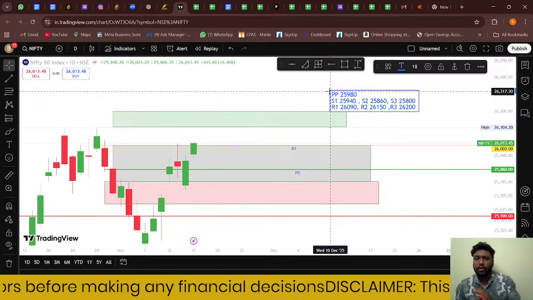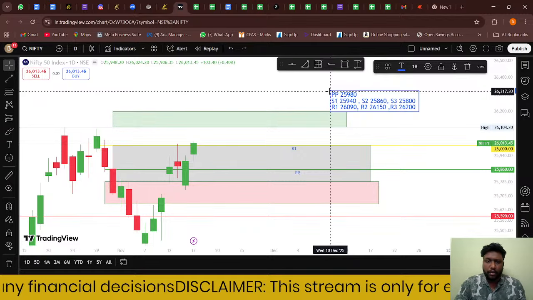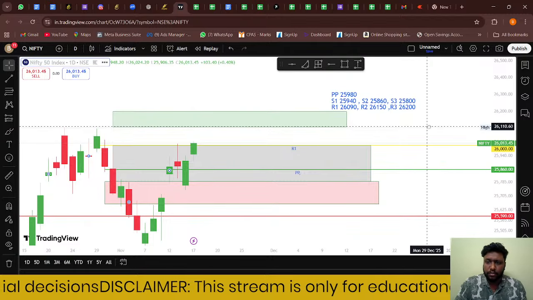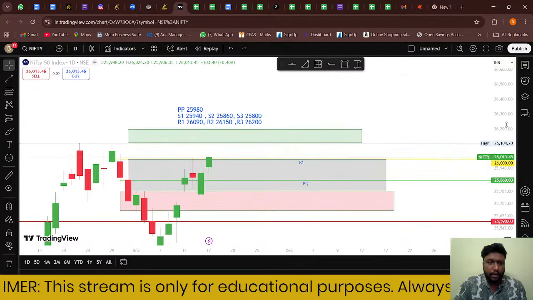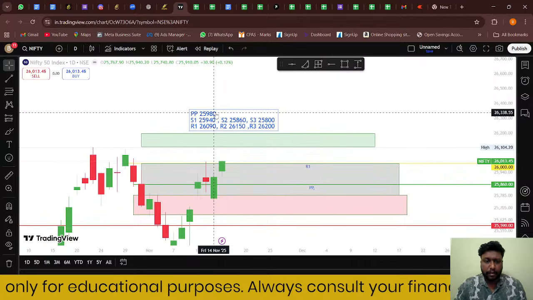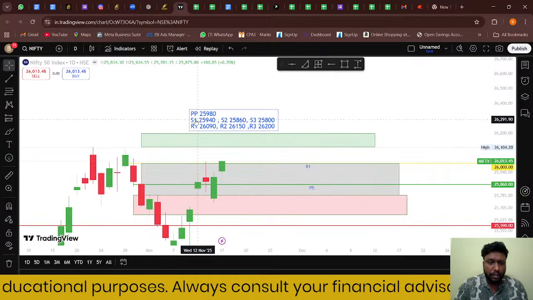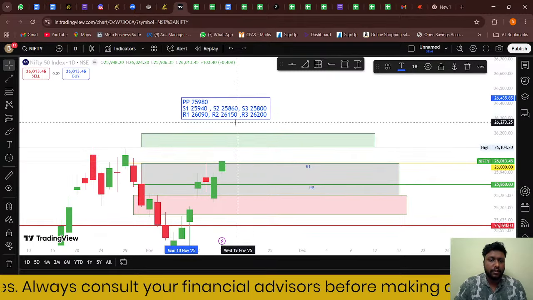It is 210, but we'll round it off to 26,200. So these are the levels with respect to yesterday's high, low, and closing, and with respect to that we have calculated 25,980 as the pivot point, and all three levels of support and resistance.